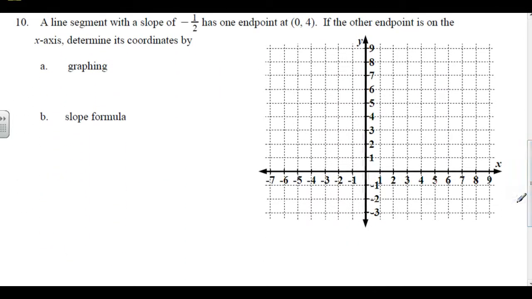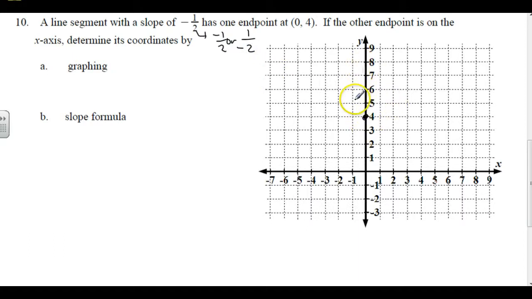A line segment with a slope of negative 1/2 has one endpoint at 0, 4. If the other endpoint is on the x-axis, determine its coordinates by graphing. Okay, so the slope is negative 1/2. That's negative 1 over 2, or 1 over negative 2.